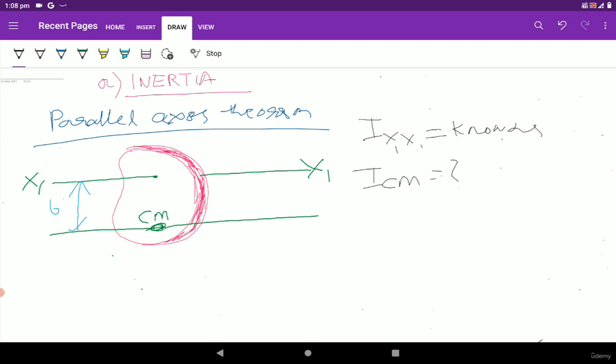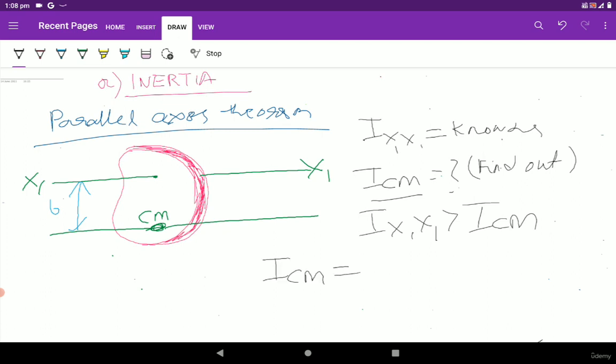We have to find out the value of this. We know that here the inertia about the x1 axis is greater than the inertia about the center of mass.